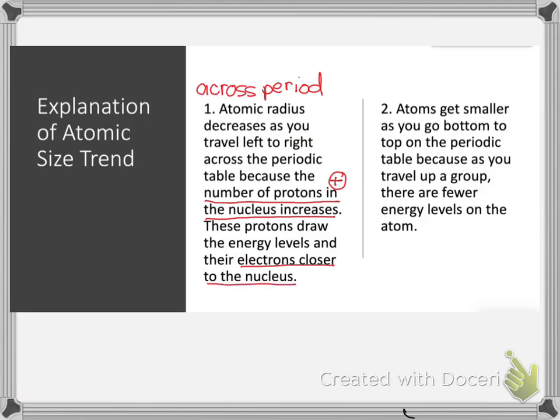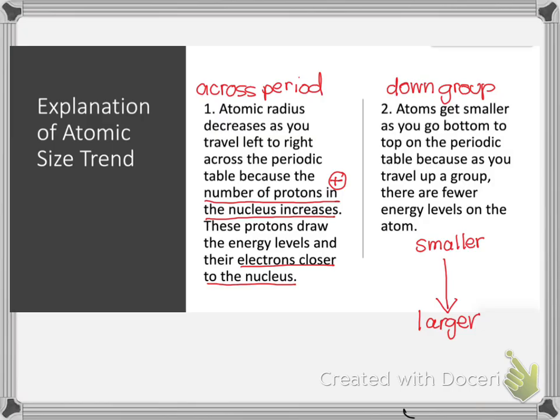Now, the groups, I think, are easier to understand thinking about it going down the group. We were talking about it going up, but I think it's a little easier to understand this way. We know that there are smaller atoms at the top of the periodic table and larger atoms at the bottom. From our electron configurations, we know each time you go down to a new period, you add another energy level.